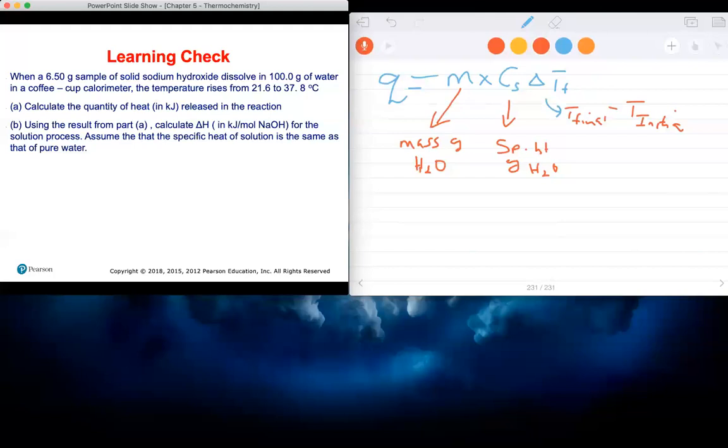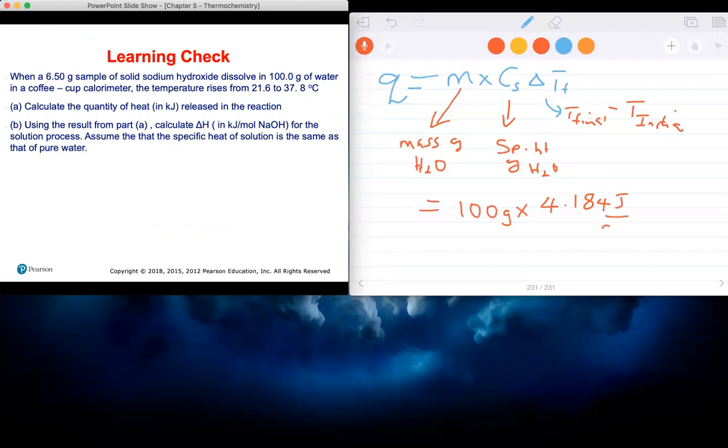Assume the mass of H2O is the mass we use to calculate the heat evolved. In this case we have 100 grams of H2O times the specific heat of H2O, 4.184 joules, all right?